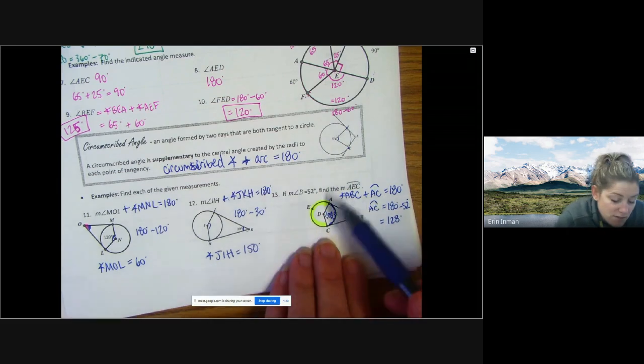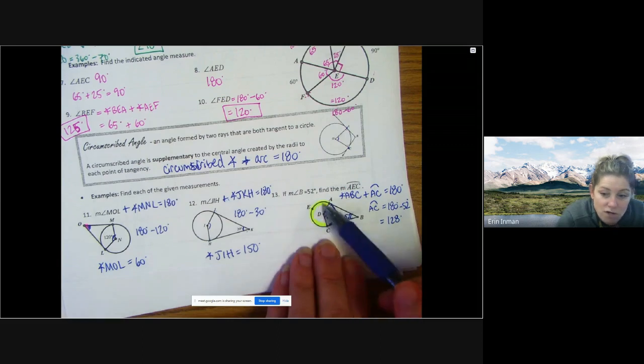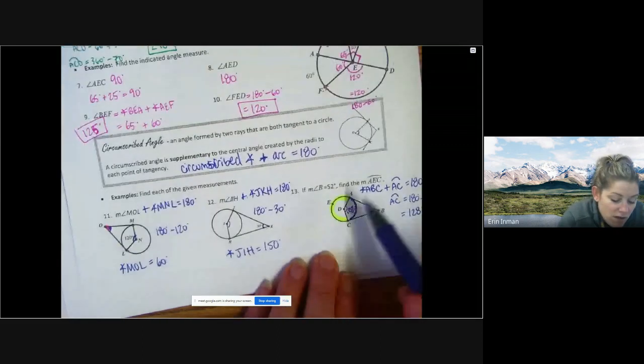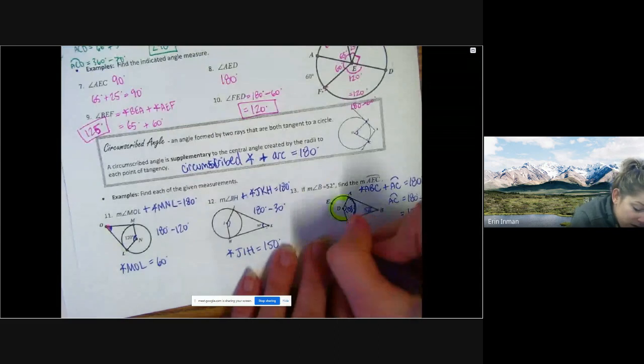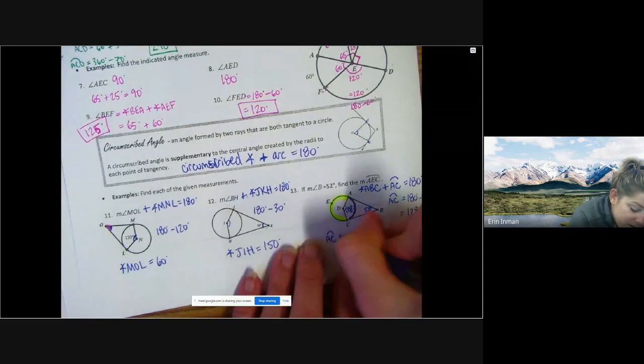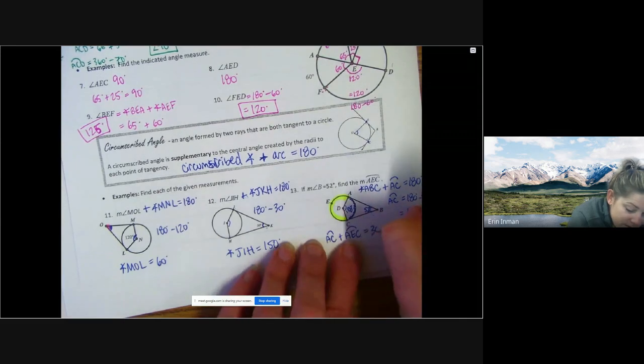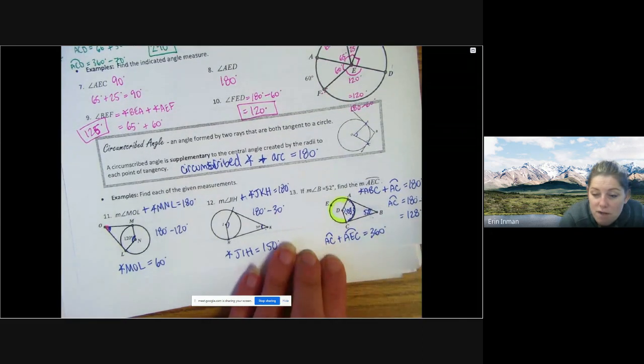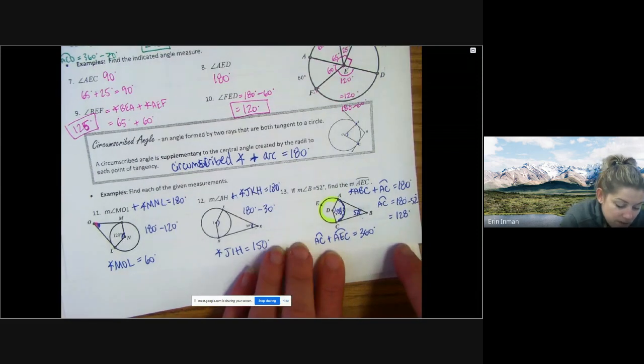We were asked for this highlighted one, this major arc, and we know that in a full circle, arc AC plus arc AEC have to add up to 360 degrees. And so I can subtract off my 128 from 360.